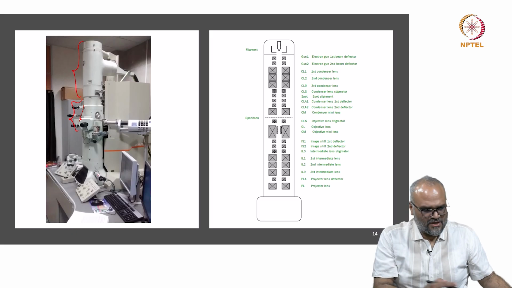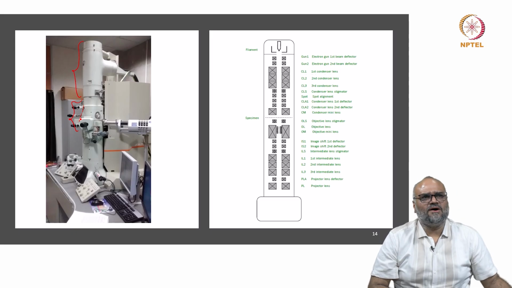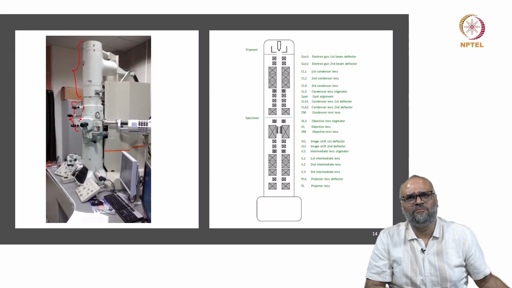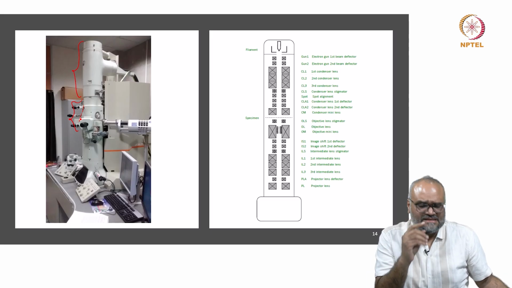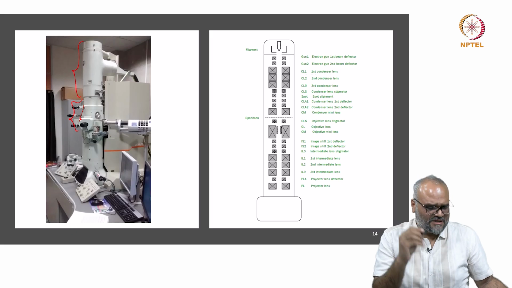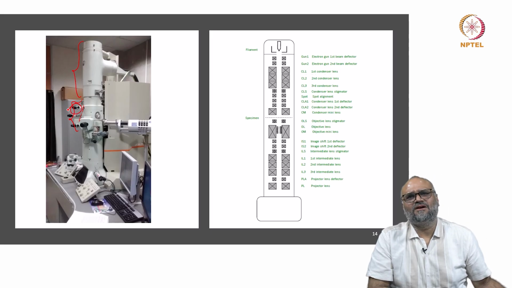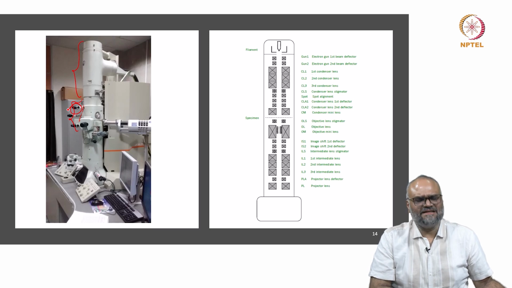One of the important and often neglected components, or not completely understood components, and one of the most sensitive components in electron microscopes are these apertures. If you are not very careful and if you are using manual alignment tools, it is very easy to misalign the apertures.